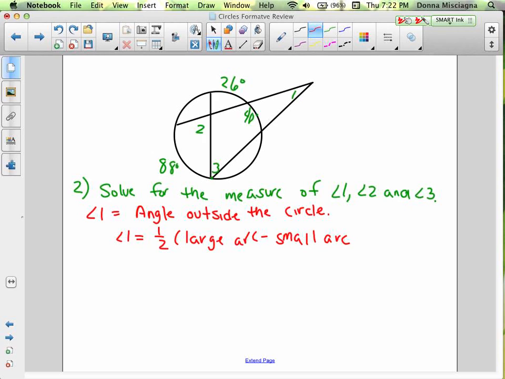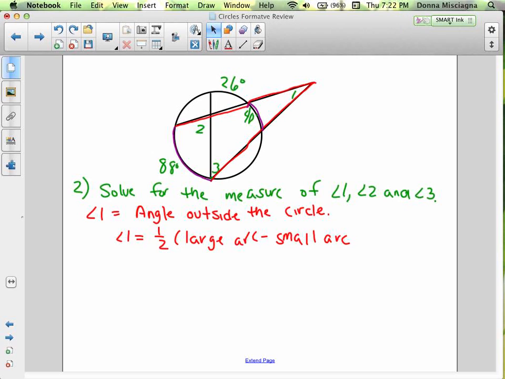Now if we trace our angle, we see that the two arcs that are intercepted by that angle, they're inside the angle there, those are a large arc and small arc.